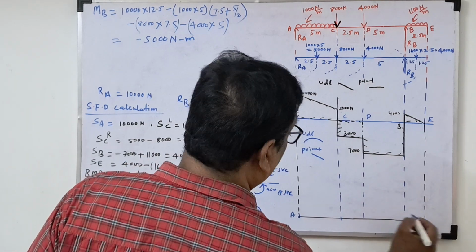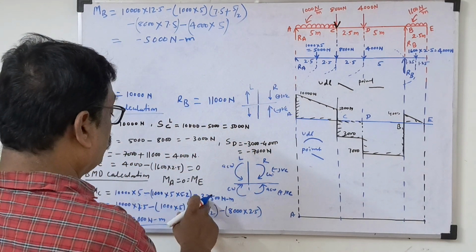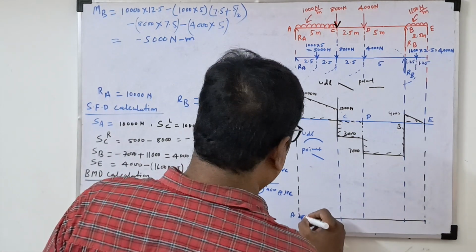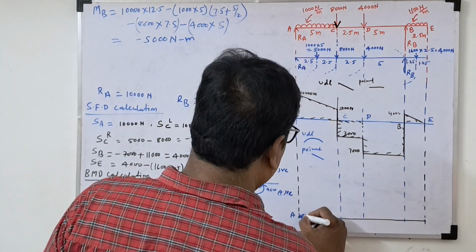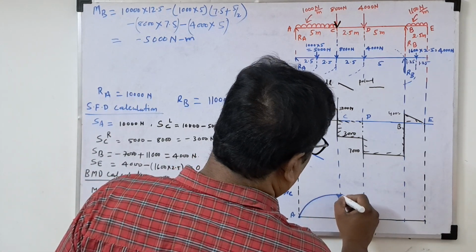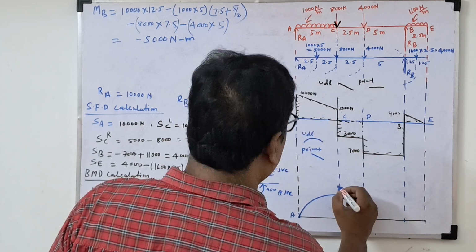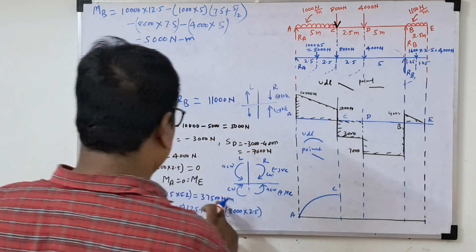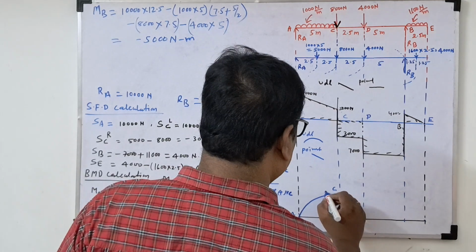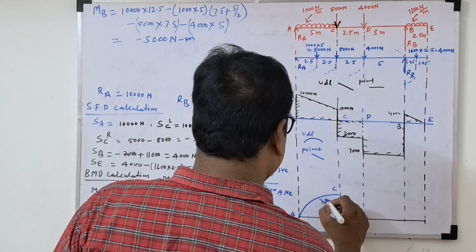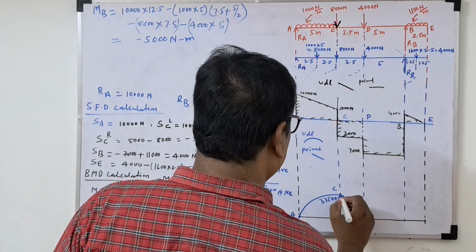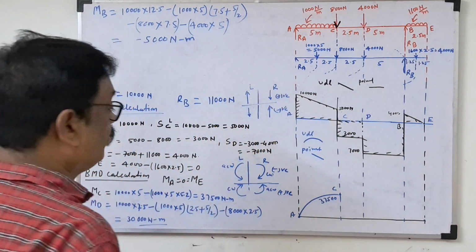This point also bending moment 0. But MC how much? 3,000. So what will be line here? It will go the parabola up to point C. So this value will be 37,500 in this point.